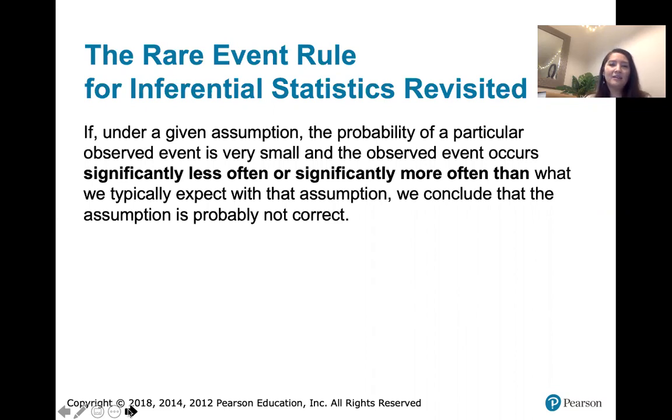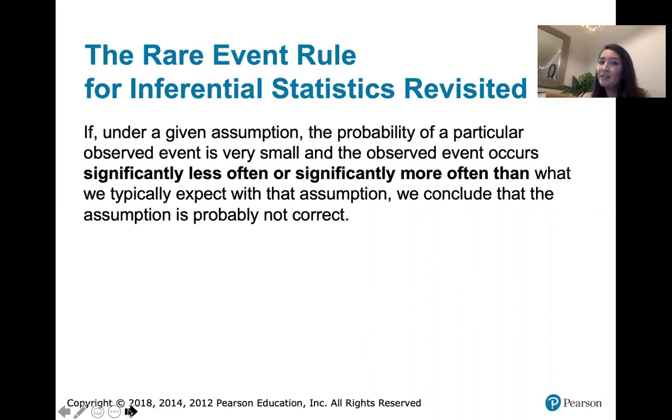So let's dissect this a little bit. It says, if under a given assumption, so we're assuming something is true, the probability of this particular observed event is very small, very unlikely to happen.